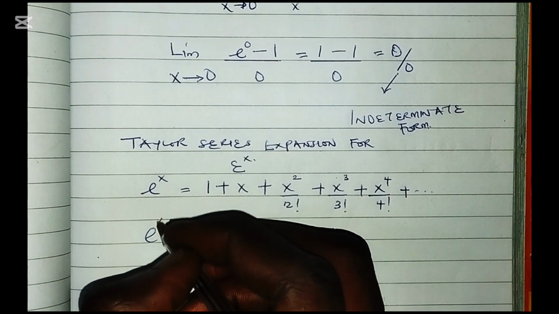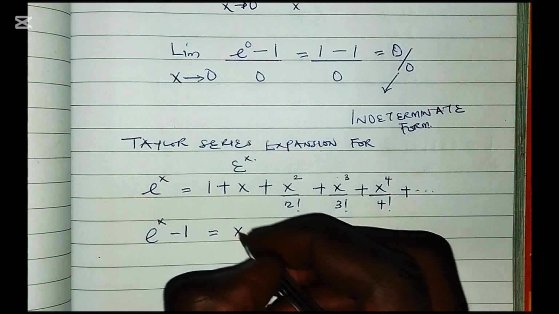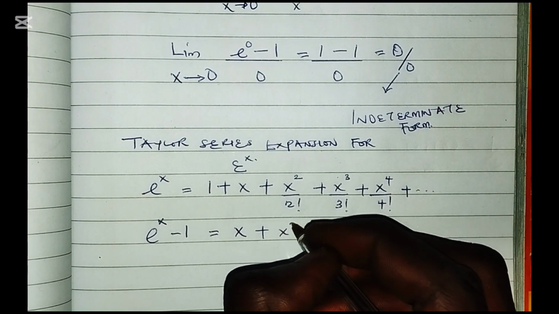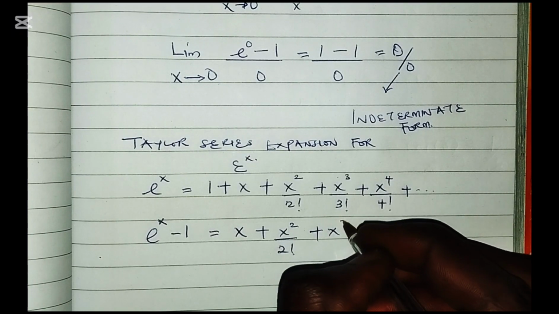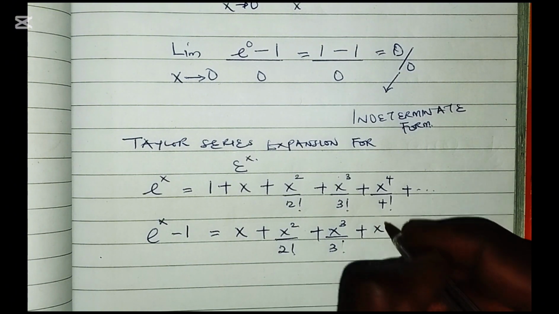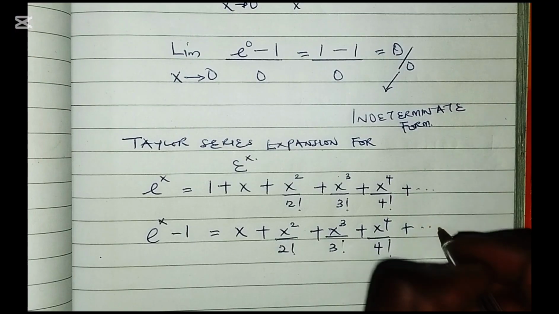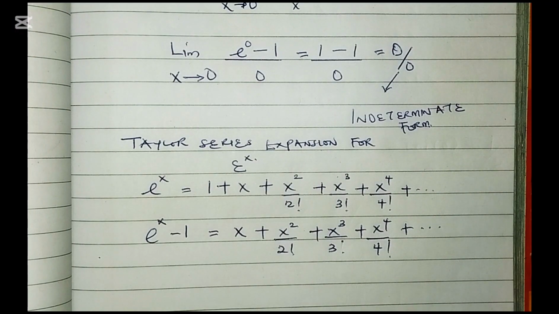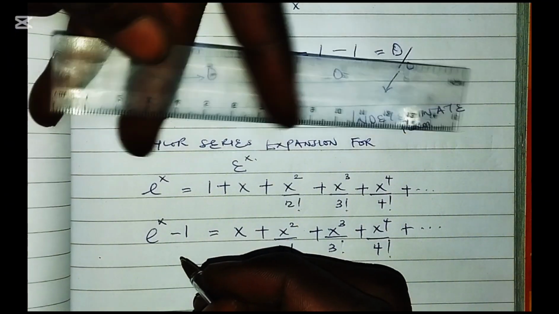So we have e to the power of x minus 1 on one side, and what is left is x plus x squared over 2 factorial plus x cubed over 3 factorial plus x to the power of 4 over 4 factorial plus dot dot dot. Now what can we do again? We need x in the denominator, so let's divide through by x.